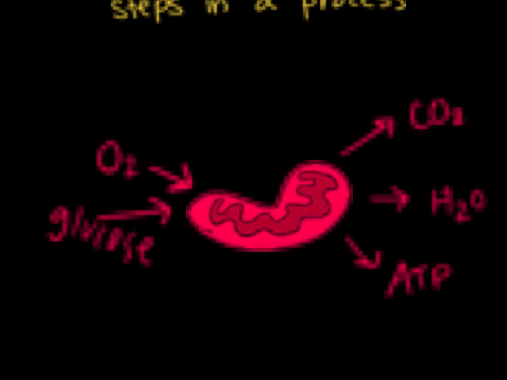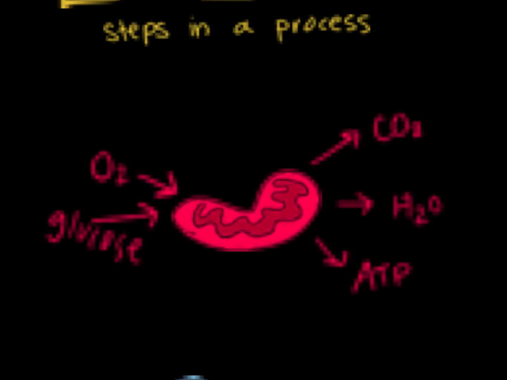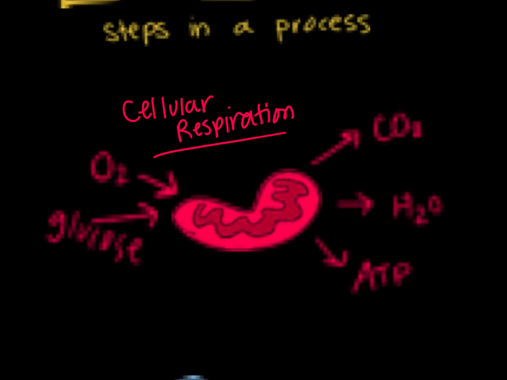Another way that arrows get used is to show inputs and outputs. So here we have a process. What is the name of the process shown here? So this is, of course, cellular respiration.